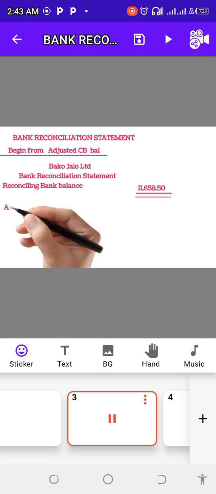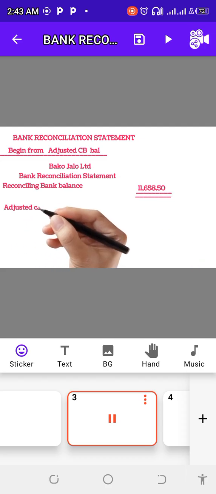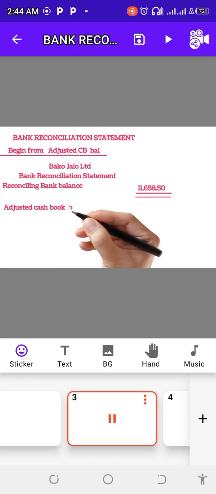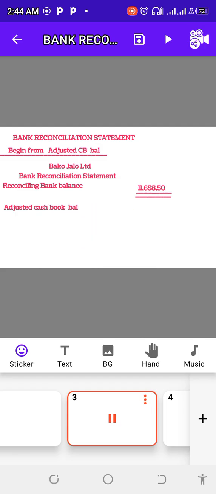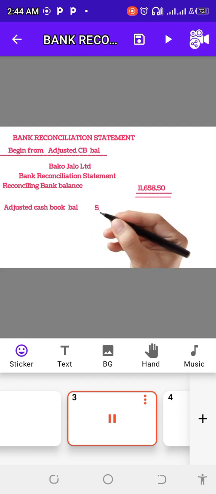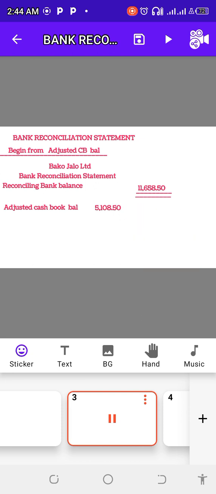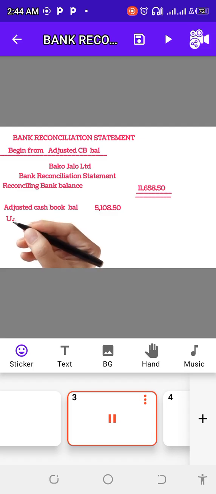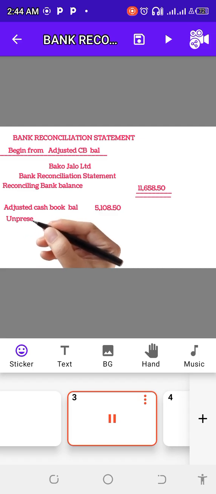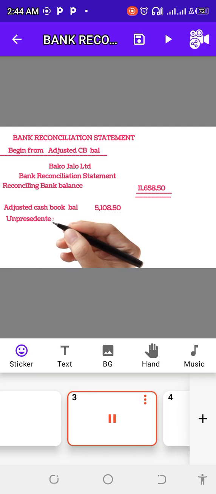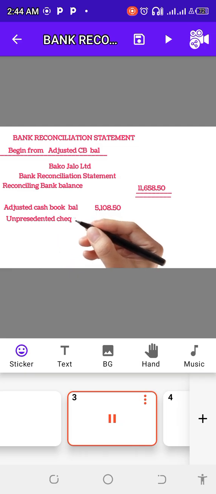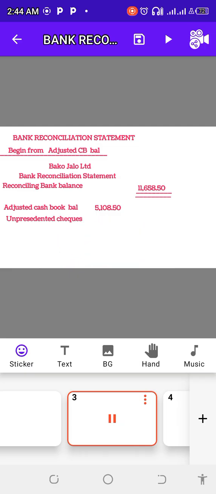And in this case, we are beginning our reconciliation from the adjusted cash book. So it's our adjusted cash book balance, this first one here, 5,108. This is the balance we arrived at in our adjusted cash book. Then we say add unpresented cheque.